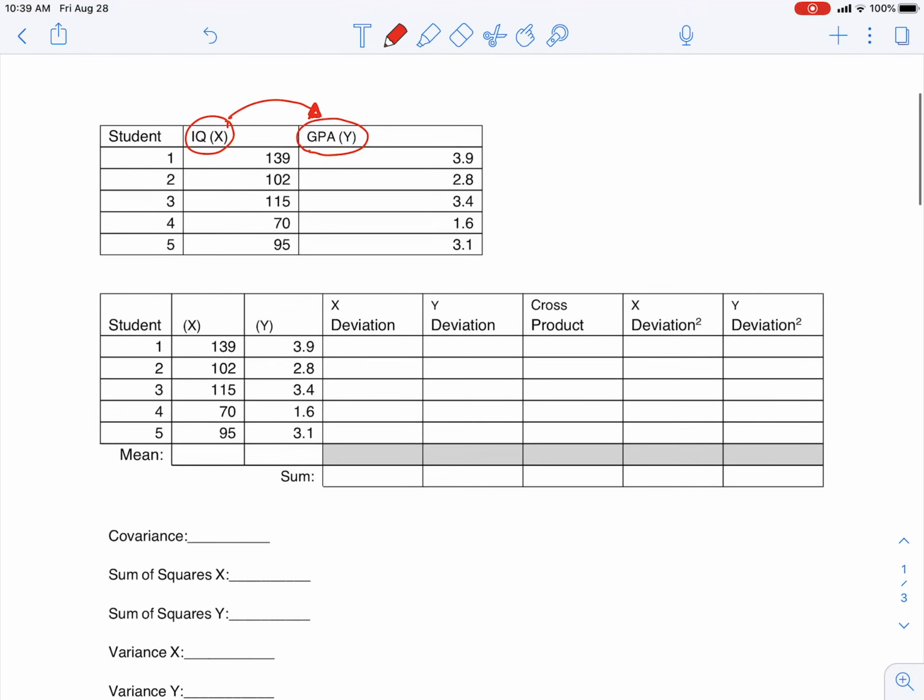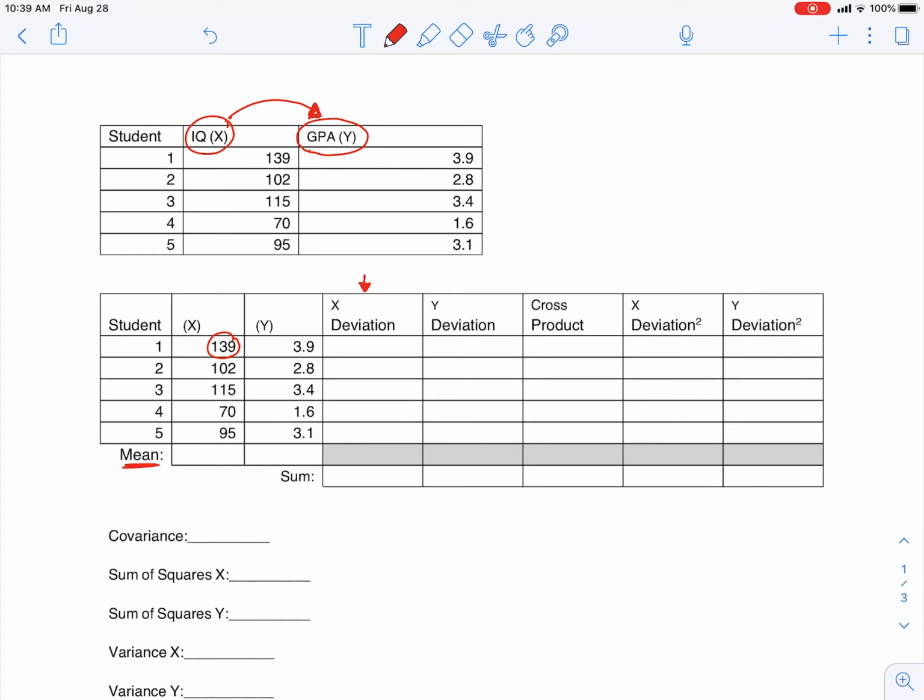So here, I'll just start us off on the first one. Remember, for the x deviation, we need to know how much each of these observed scores over here deviates from the expected value. Well, what is the expected value? Remember, typically in our statistics, the expected values are represented by means.